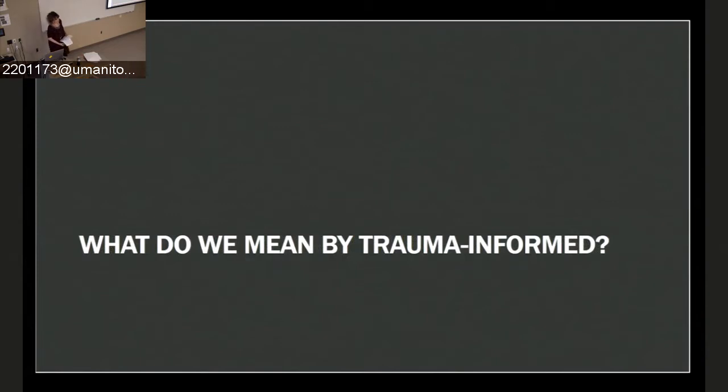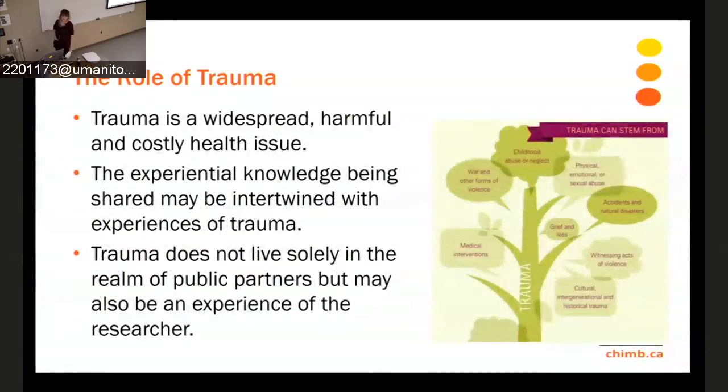What do we mean by trauma-informed? A lot of people say, well, trauma-informed, I don't quite understand how we integrate that within an engagement piece. So it's an important and often overlooked piece of the practice of patient and public engagement in health research. It's a recognition that the experiential knowledge of the public that's often being sought by researchers when we're doing research decision making can be intertwined with experiences of trauma.